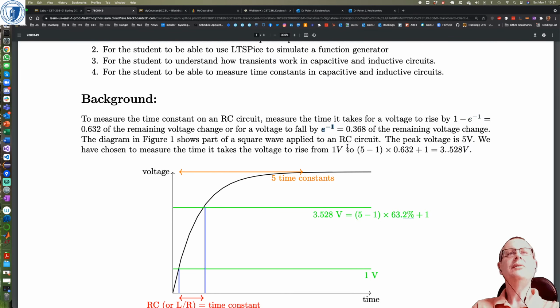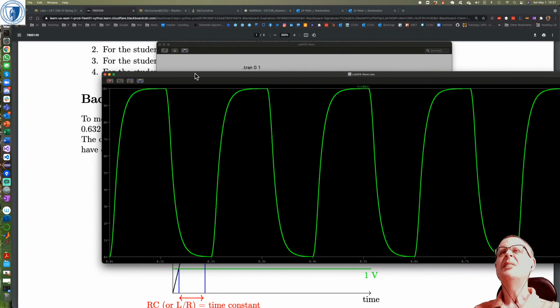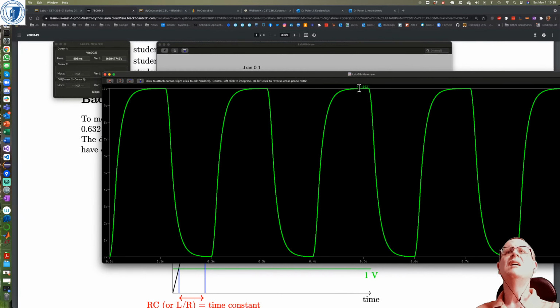Okay, so let's have a look at how we do that. Where's LTspice gone? There it is. Right, so did I get a... There we go. Oops, I didn't want to do that. For some reason the cursor is not... Does it say click to attach cursor, right click to edit, control click to identify?